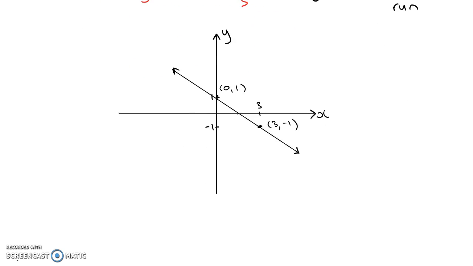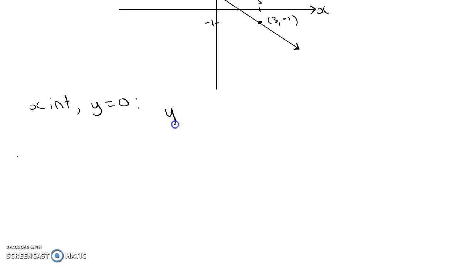So to find the x-intercept, solve for y equals 0. We've got y equals -2/3x plus 1. So we'll let y equals 0. 0 equals -2/3x plus 1.